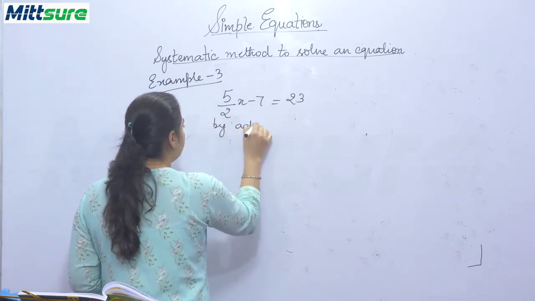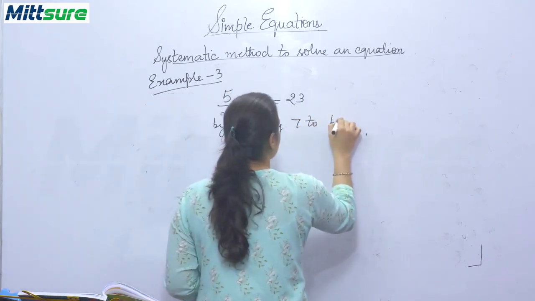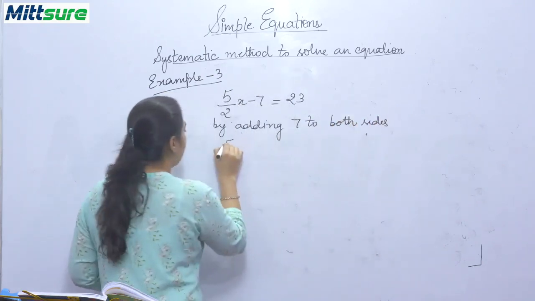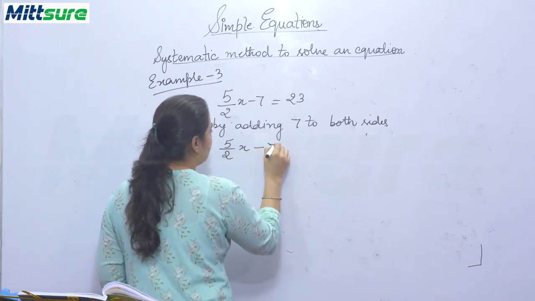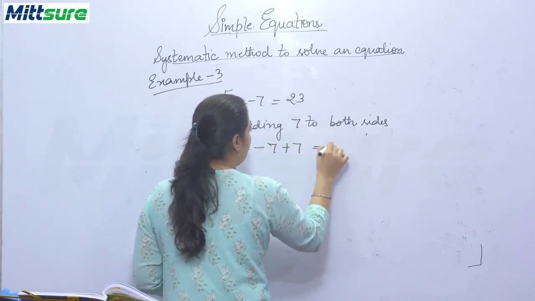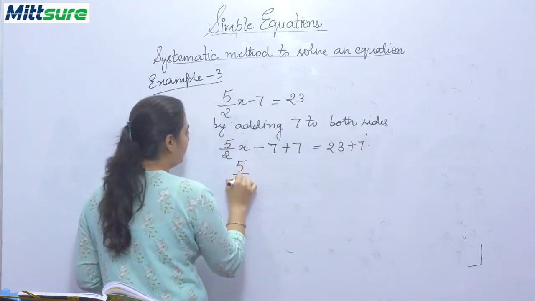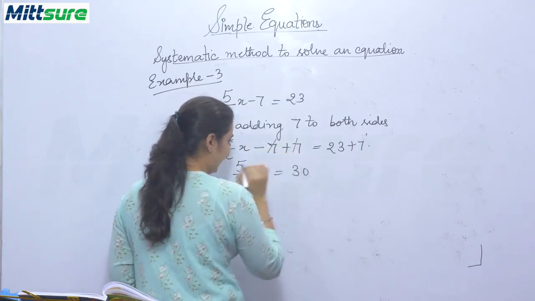By adding 7 to both sides: 5 upon 2 x minus 7 plus 7 equals 23 plus 7. So 5 upon 2 x equals 30.